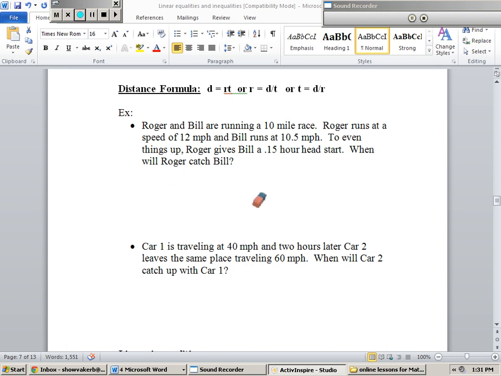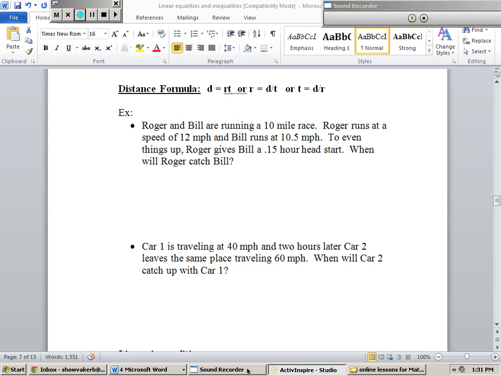Because most people want to start out with D is equal to RT, but sometimes it just doesn't work. So you need to start over again and see what we have. At the end, we want time, so we want it equal to time. So Bill has a 0.15 hour head start on the time. When will Roger catch Bill?